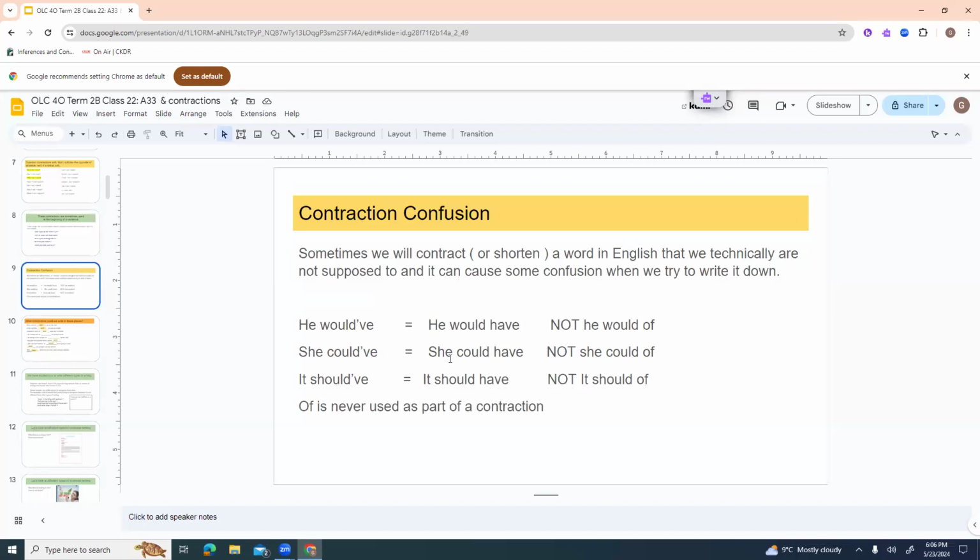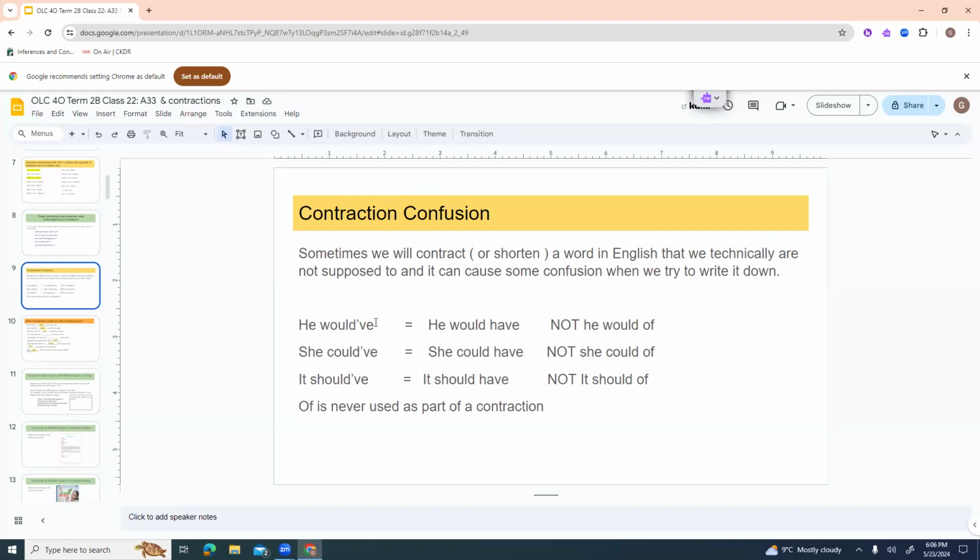And then contraction confusion. When we are speaking, we don't always pronounce everything perfectly. Nobody does, right? And a lot of times when we go to write it, we write what we're hearing, not what the word is actually supposed to be.